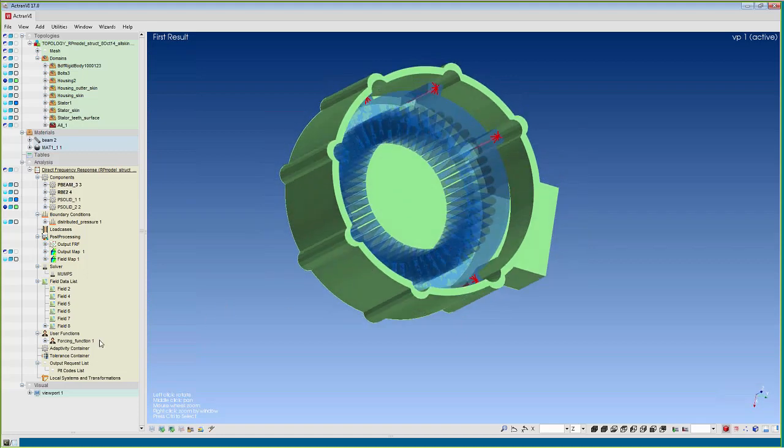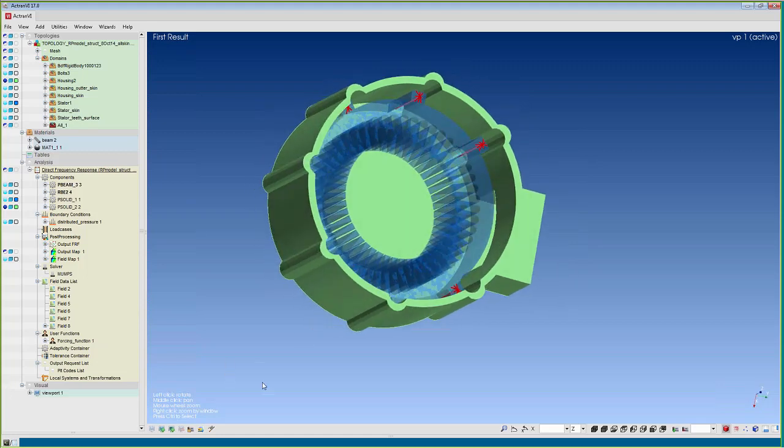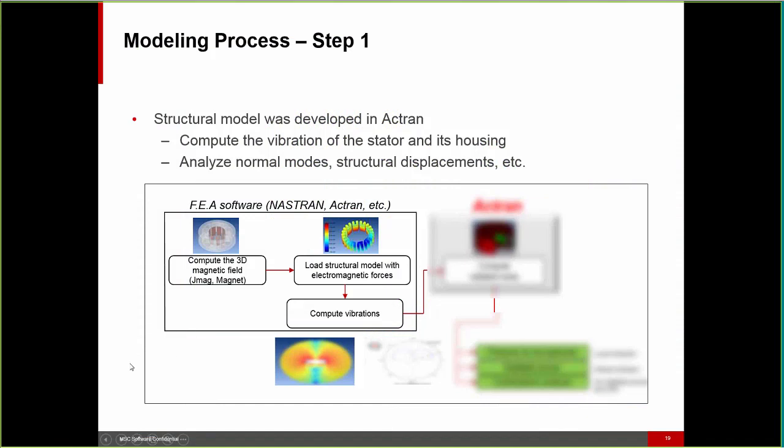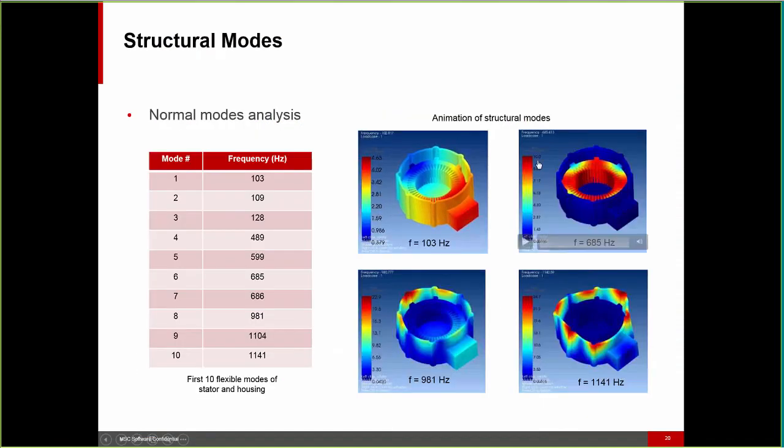From this model, we can do the structural analysis, and now let's look at the normal modes results of this model. What I'm showing you right here are the animations of the normal modes of the stator and the housing.